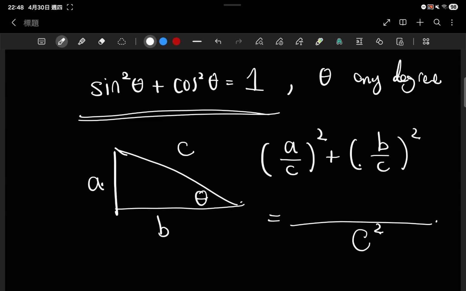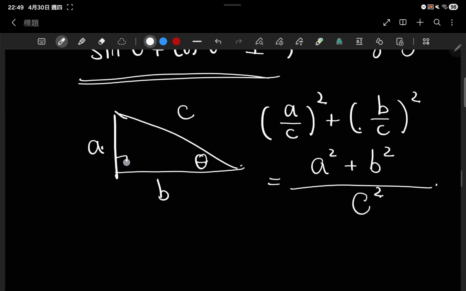And what is the numerator? The numerator is a squared plus b squared. And in a 90 degree triangle, a squared plus b squared is c squared, right? And this is just equal to 1. We just prove it.